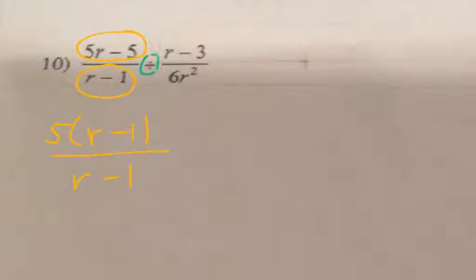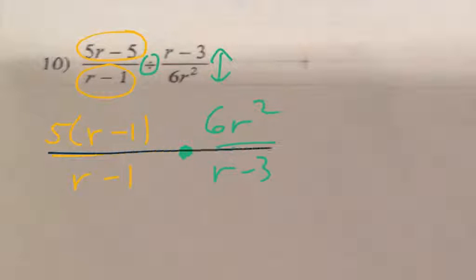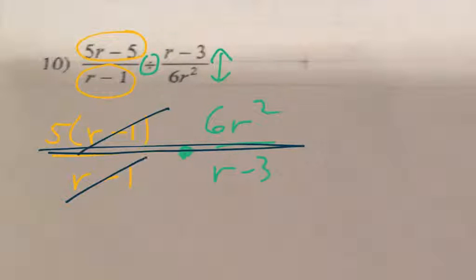We have a divide, which we are going to make into a times. We're going to do a reciprocal, or flip that over, right? So r minus 3 is now in the denominator, and 6r squared is in the numerator. And everything's going to be times straight across here, right? So r minus 1 divides by r minus 1 is 1.